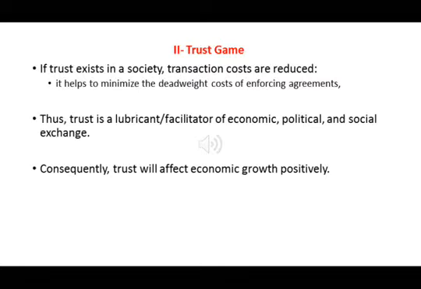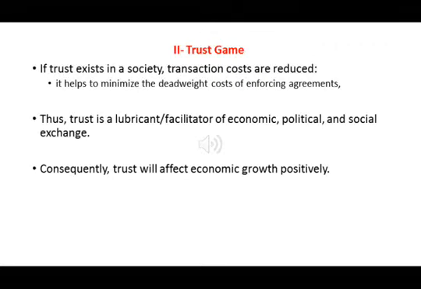If this person trusts the laws in this country, if he trusts the court system in this country, this will definitely lead to a huge reduction in the transaction costs. He does not have to go and hire a lawyer before conducting this transaction, for example. Okay, so if trust exists, many transaction costs will be reduced and people will have more time to devote to working, which will result in higher productivity.